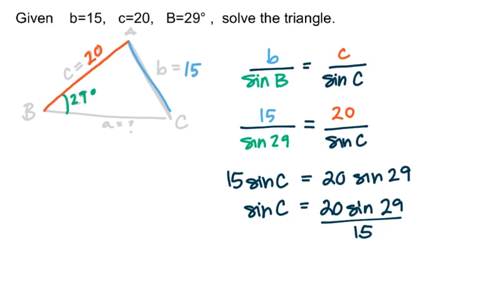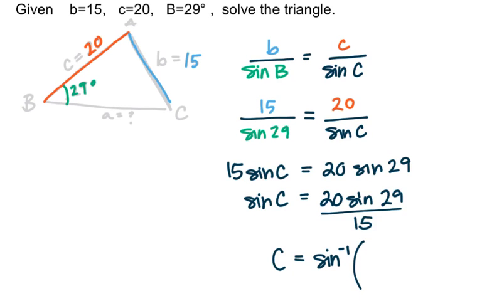Now, we are solving for C, which means I need to get this sine away. Remember, sine is an operation, so I need to use the inverse operation to get it to the other side. This is going to be that C equals sine inverse, or arcsine, of 20 times the sine of 29, all divided by 15.